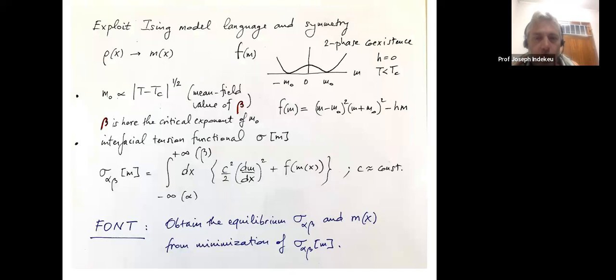Let's go back to the functional. You see you have here the gradient squared of a function, and here you have the f function of our function. And this is very reminiscent of a mechanical problem with some kind of kinetic energy term and some kind of potential energy.